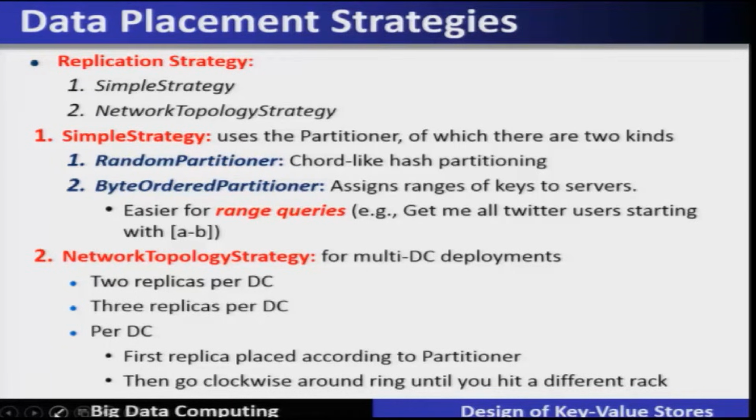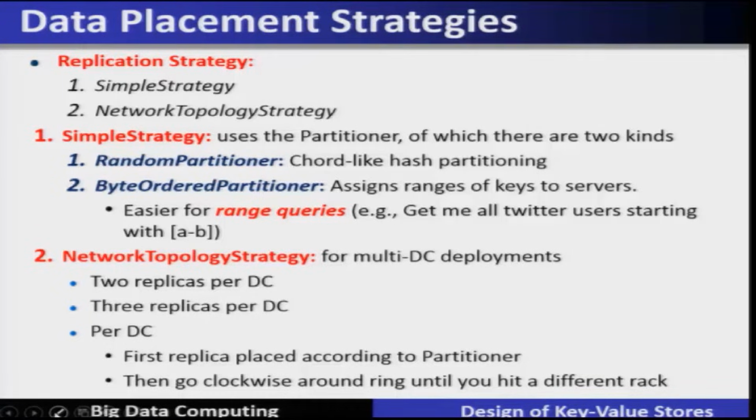Random partitioner is like hash partitioning, whereas the byte order partitioner assigns ranges of keys to the servers, and it is easier for range queries.